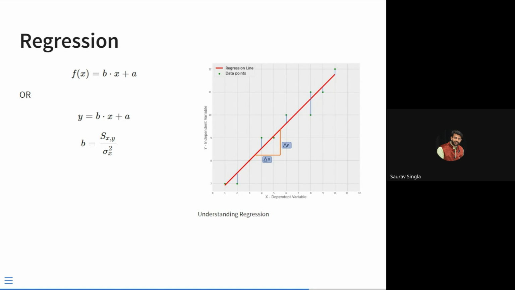But if there is a relationship between these two, that means I should be able to predict the value of one variable if I have the information on the second variable. Do you agree? If two things are related, I should be able to know about one thing if we have the information on the other, right?